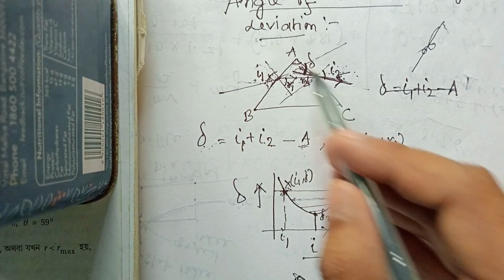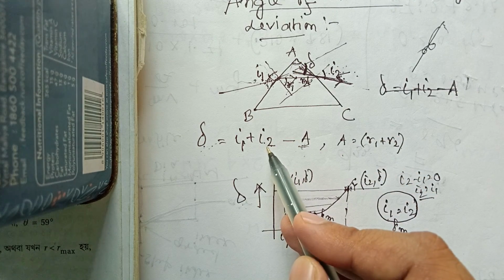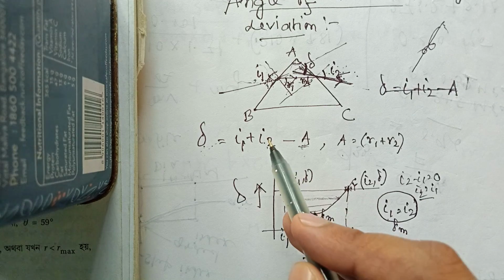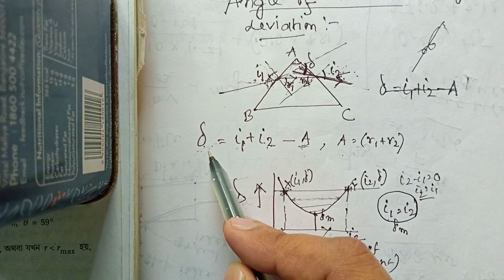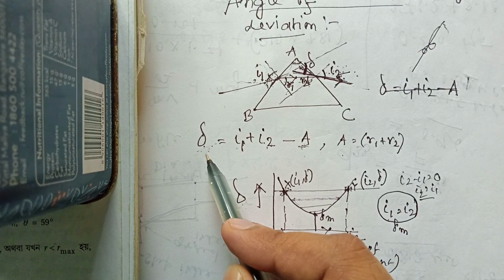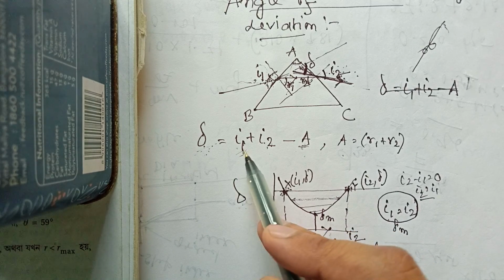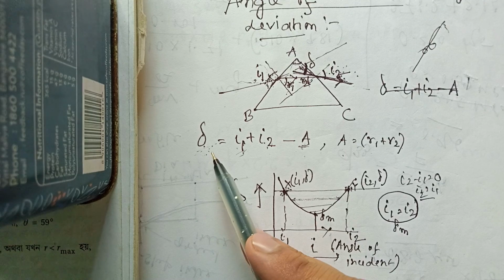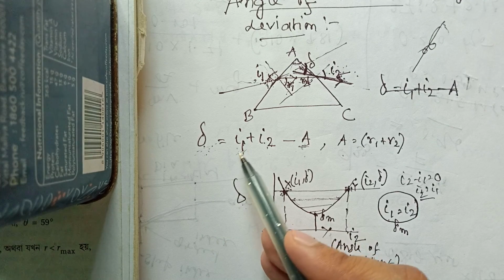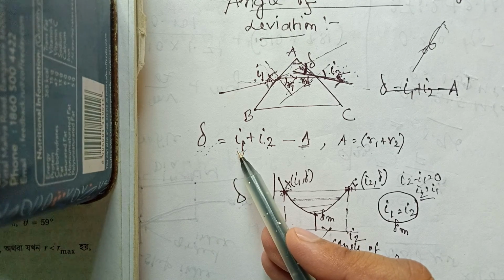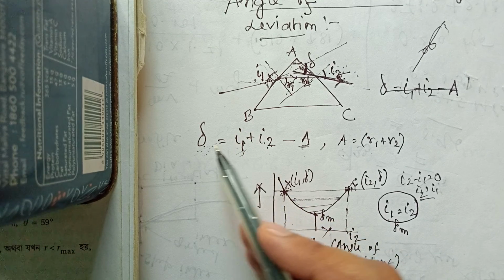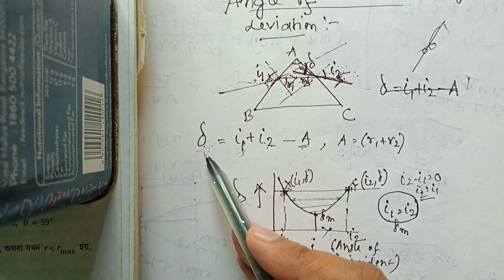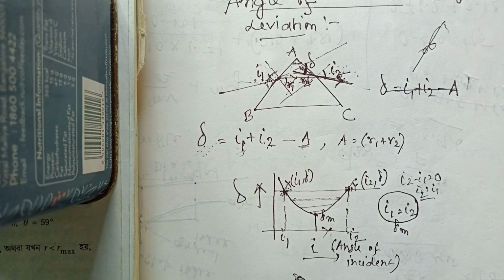For a prism, this is constant, and I2 directly depends on I1. So basically, the angle of deviation will depend on I1 only. That means the angle of deviation will change with the change in incident angle. The incident angle will dictate the value of delta, or angle of deviation.